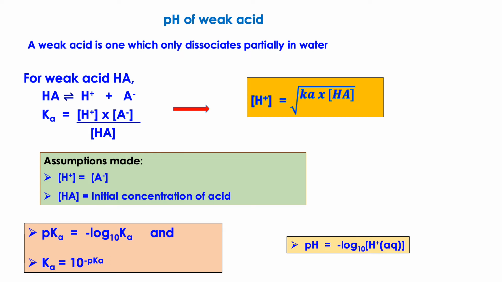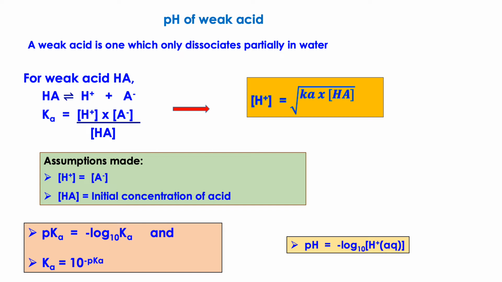The acid dissociation constant Ka is equal to the concentration of the products divided by the concentration of the reactants, which is given as the concentration of H plus ions times the concentration of A minus ions divided by the concentration of HA.